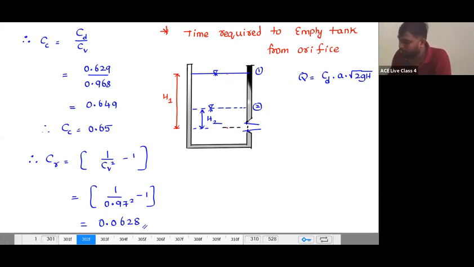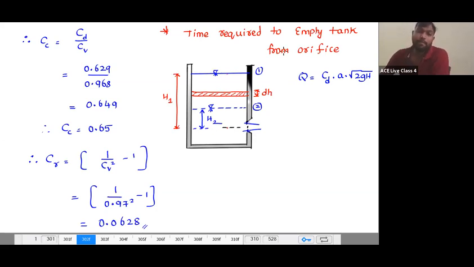Let me take a small element in between while the water is falling out. This is known as dH. So how much amount of the water is falling out? So initially this is H1 and this is going to be H2.